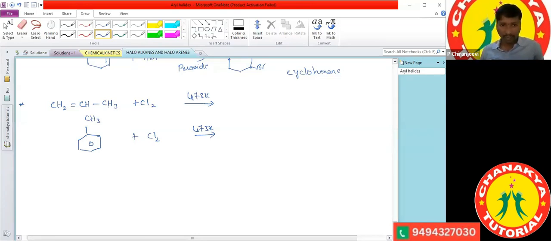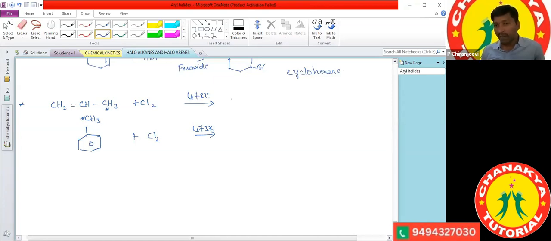Now let us see this one. This is the allylic carbon atom only, na? And this carbon atom is called a benzylic carbon atom. So when the allyl and benzyl compounds are treated with chlorine at 473 Kelvin, one hydrogen atom is replaced at the allylic position and benzylic position.